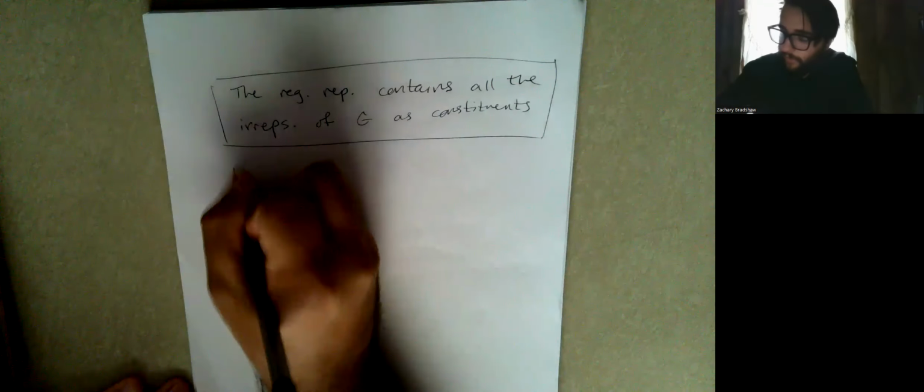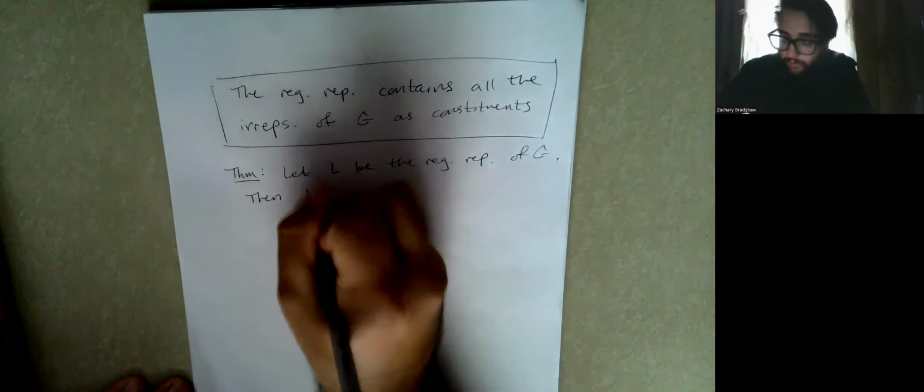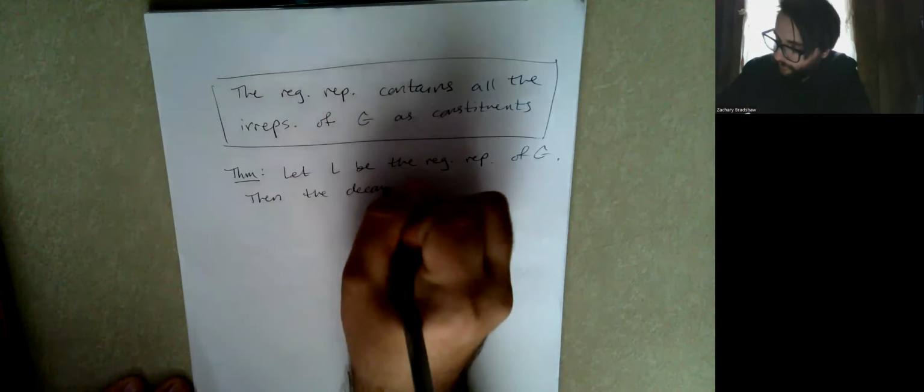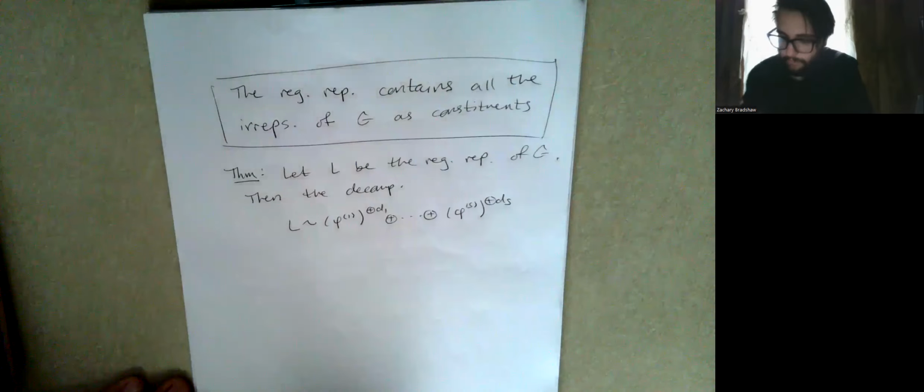Okay, so we can sum this up in a theorem concretely. Let L be the regular representation of some group G, finite as usual. Then the decomposition: L is equivalent to phi_1 d_1 times, through phi_s d_s times.